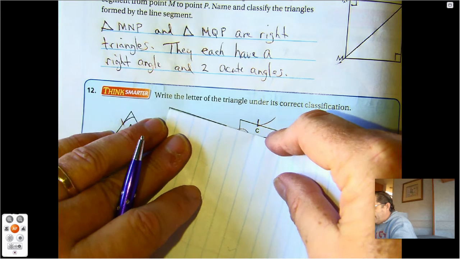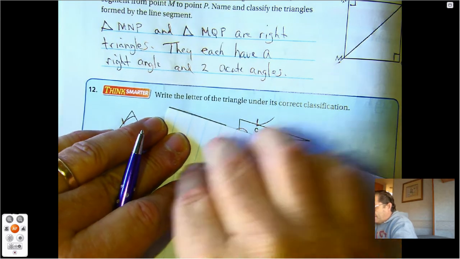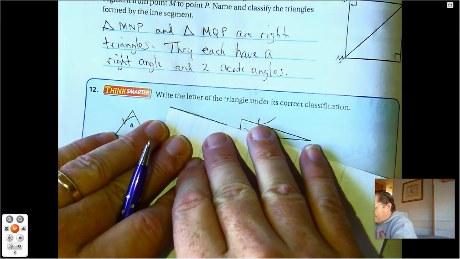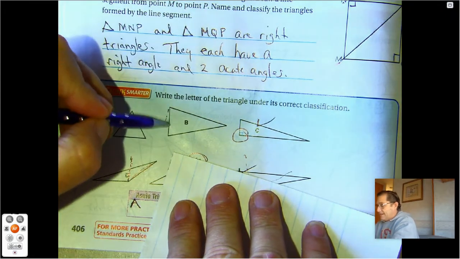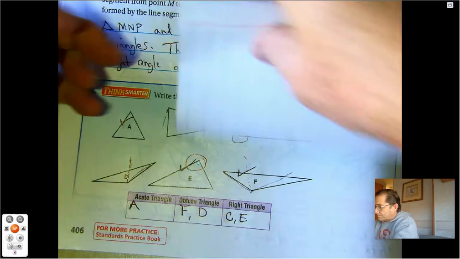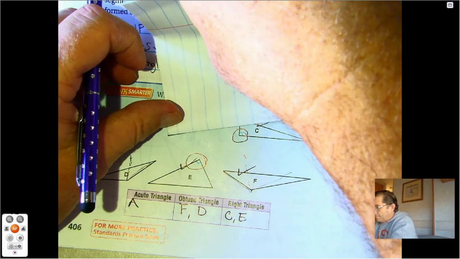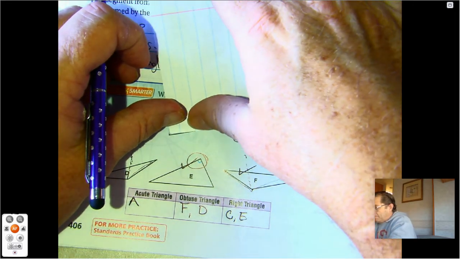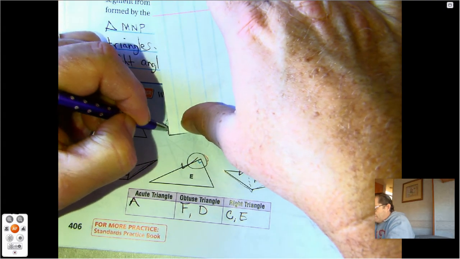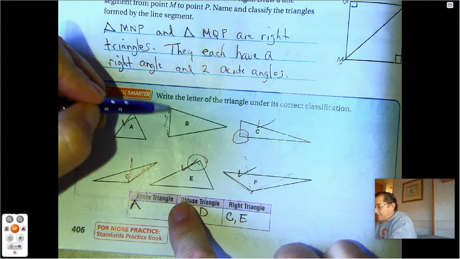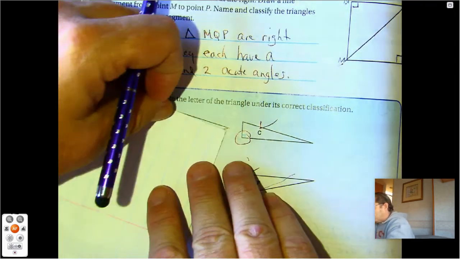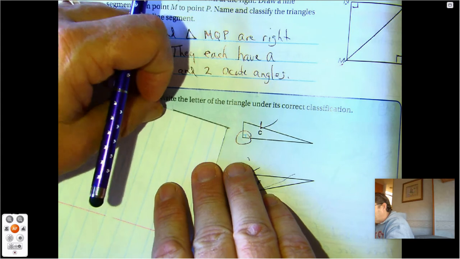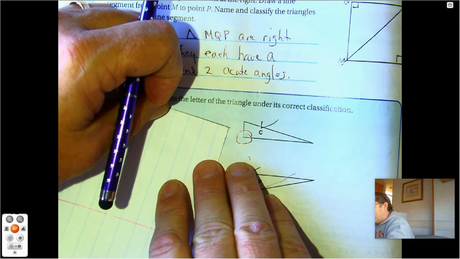I put the corner there. So this one is less than 90. This is less than a 90. Less than a right angle.